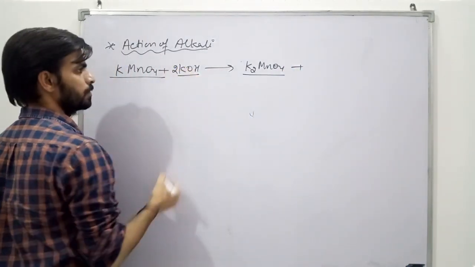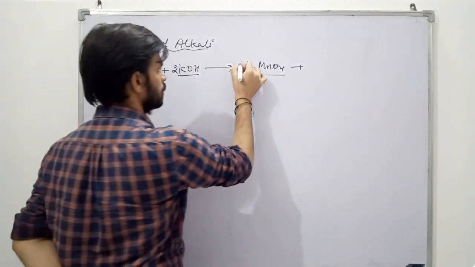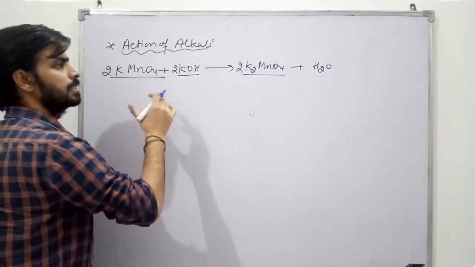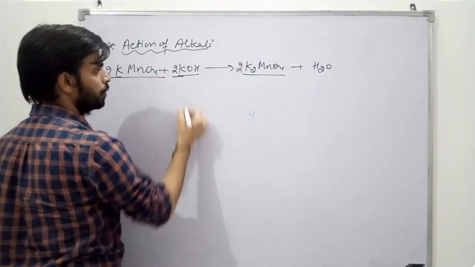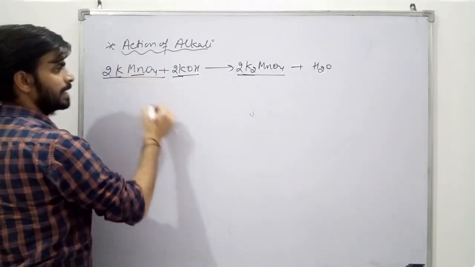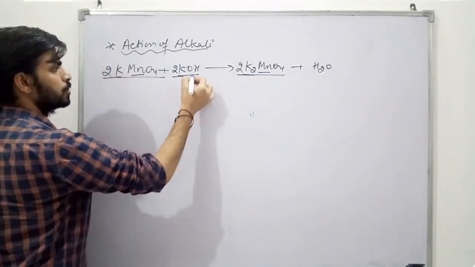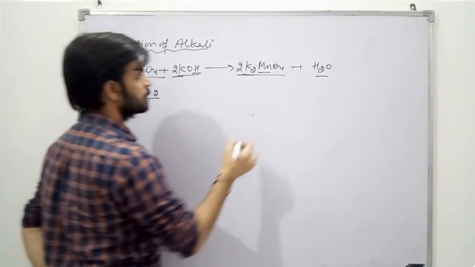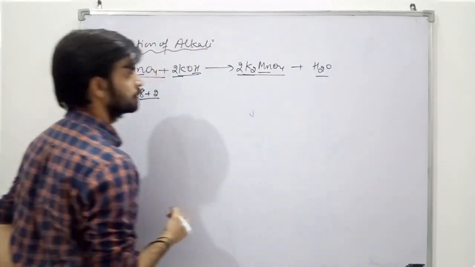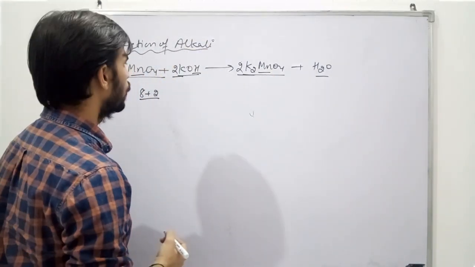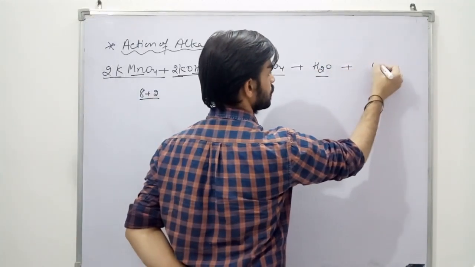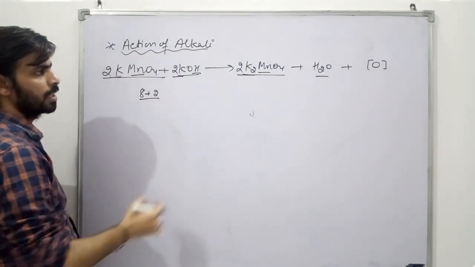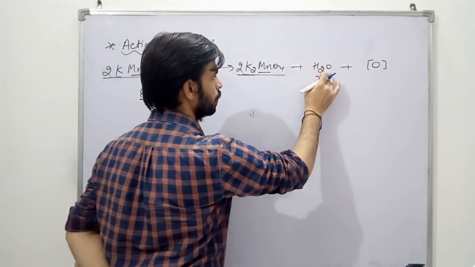Now, twice of this, twice of this, plus H2O. Now check whether it is a balanced equation or not. 2 plus 2, 4 potassium, 2 manganese, 2 manganese, 2 hydrogen, 2 hydrogen. Oxygen, 4 times 2 is 8 plus 2, 10. Oh, so a nascent oxygen is also there. 4 times 2 is 8 plus 1 plus 1.